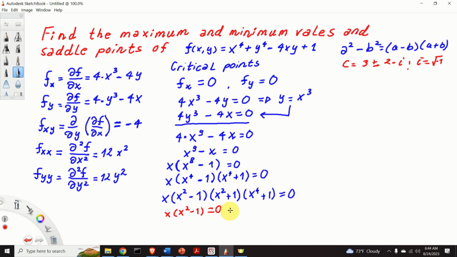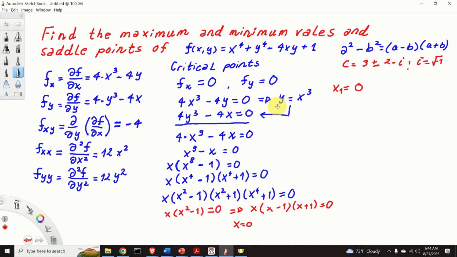This equation can also be written, again using this trick, as x, x minus 1 multiplying x plus 1, and that's equal to 0. From this equation we obtain x1 is equal to 0. That is, x is equal to 0, that's the first solution.